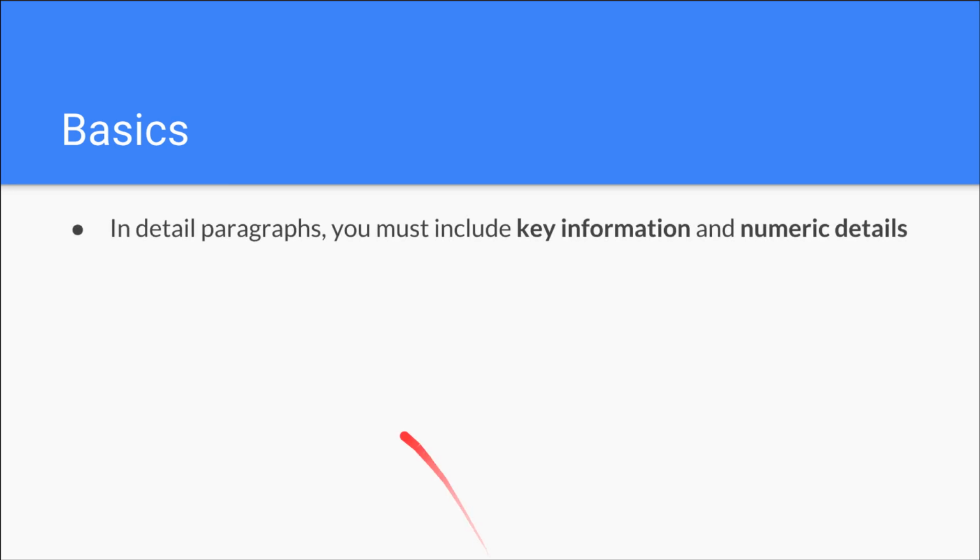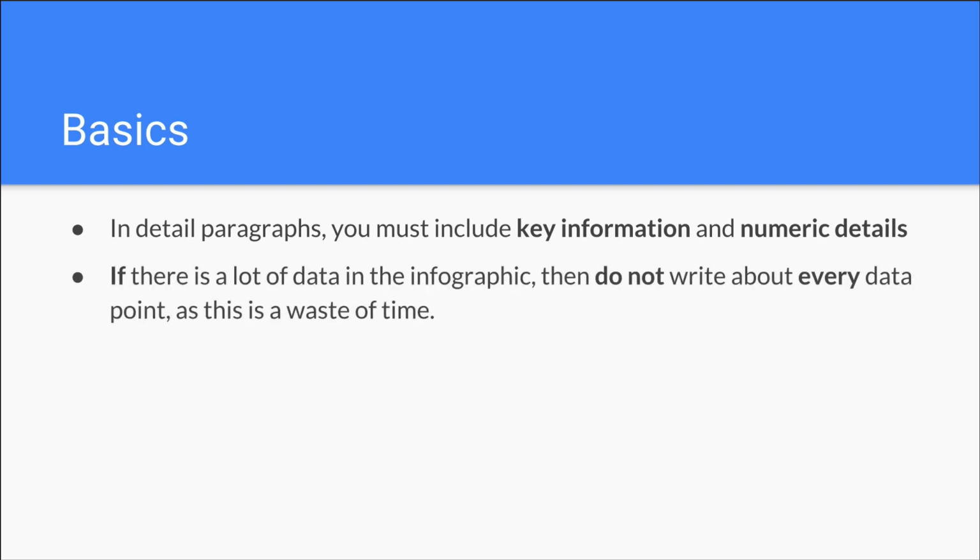We're going to first go over some basic information. First of all, in detail paragraphs, you have to include key information and numeric details. So again, this just means that you need to start describing the numeric data. The next point to keep in mind is that if you have a graph or a chart in which there's a lot of data, then you should not write about every single data point because this is a waste of time.